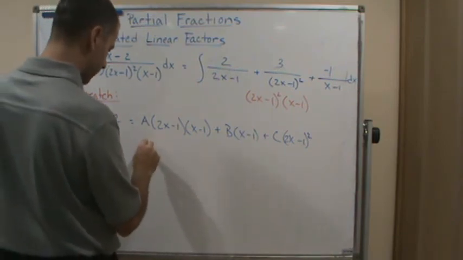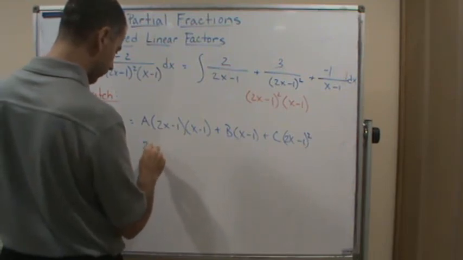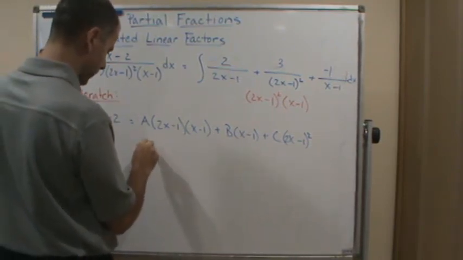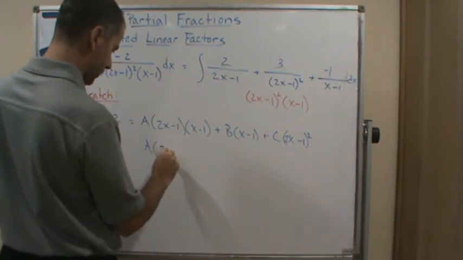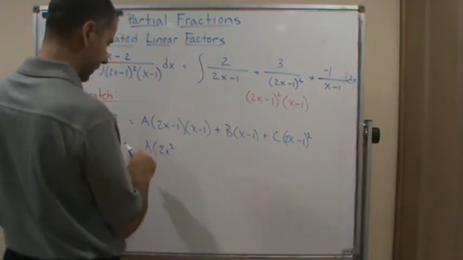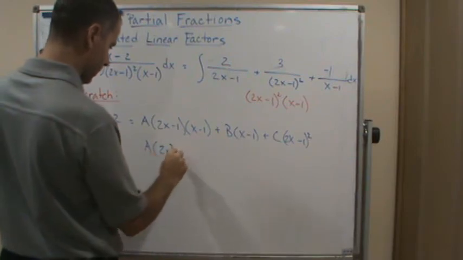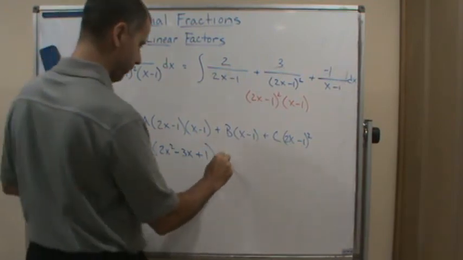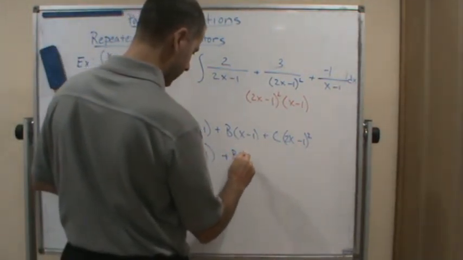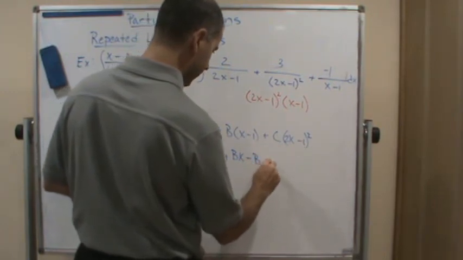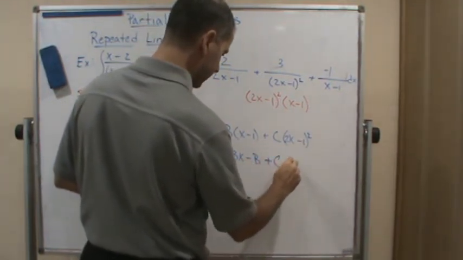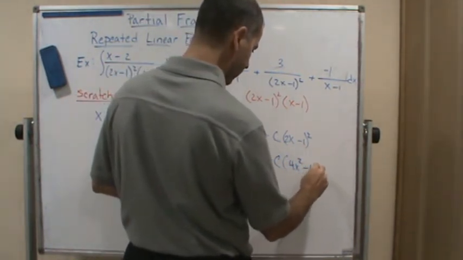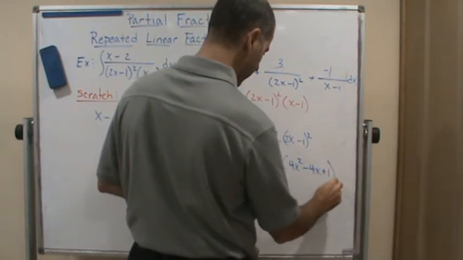So this is going to give me, let's do it this way, a times 2x squared minus 3x plus 1, plus bx minus b, plus c times, and this is going to give me 4x squared minus 4x plus 1.